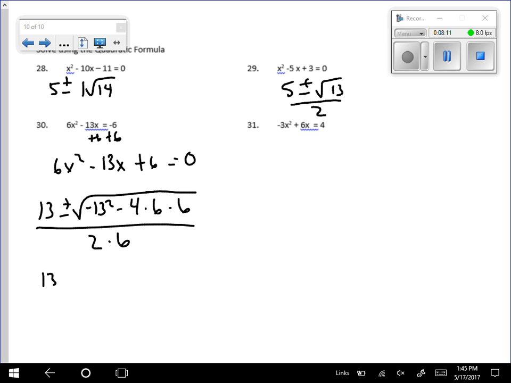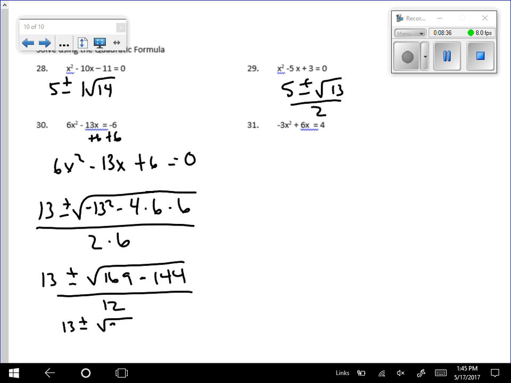So 13 plus or minus 169 minus, so 24 times 6, I believe, 144, all over 12. So 169 minus 144 is 25. So we have 13 plus or minus square root of 25 over 12.